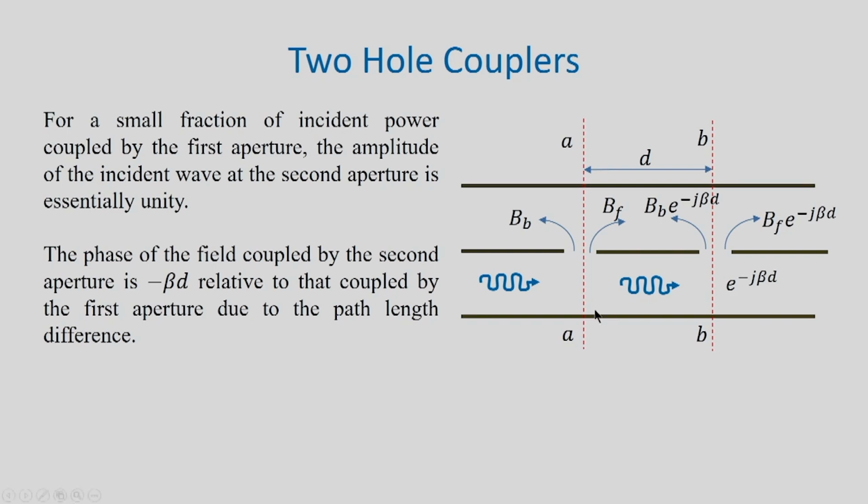Now, this forward wave BF also travels this distance d and appears in phase with the wave that is coupled from the second slot.